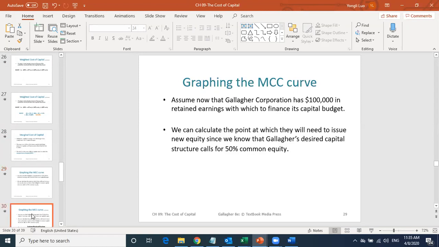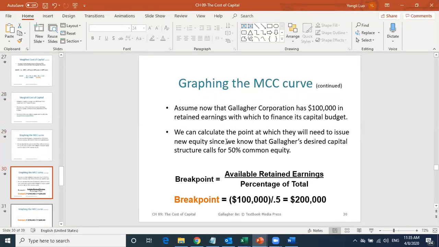If this is the case and you want to know the break point, the break point is the available retained earnings divided by the percentage of retained earnings in your total capital raised. It calls for 50% common equity, so that's 100,000 divided by 50%.